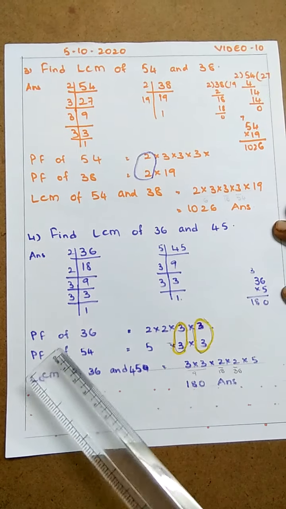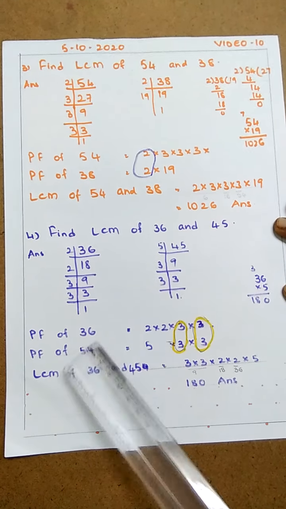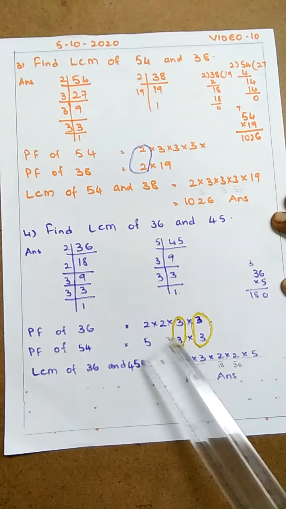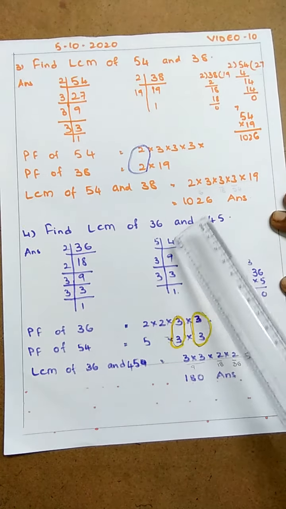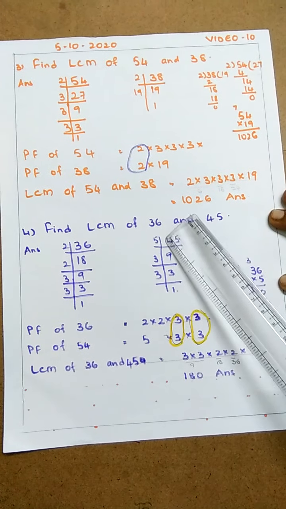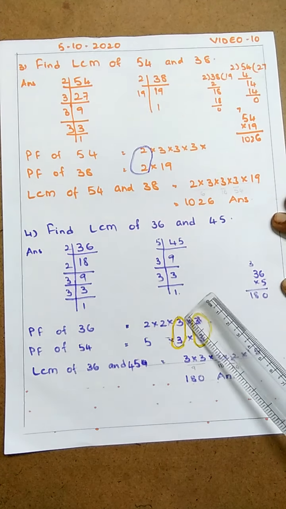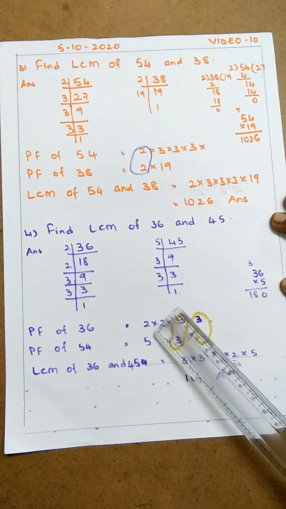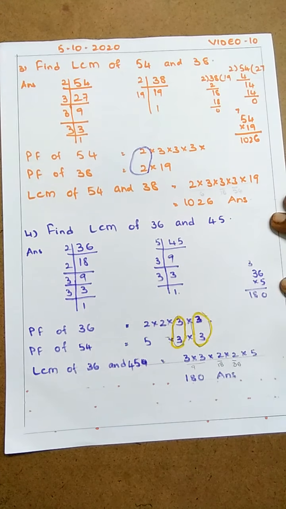Now, let us write the prime factorization of 36: 2 into 2 into 3 into 3, whatever numbers we got here. And prime factorization of 45: 5 into 3 into 3. So, write these 3's under 3 itself, and 2 can be written either here or here, your wish.